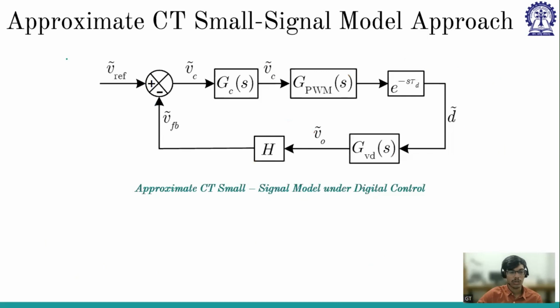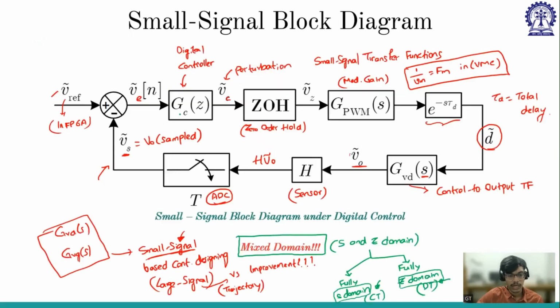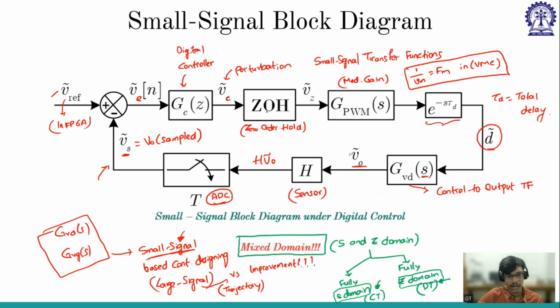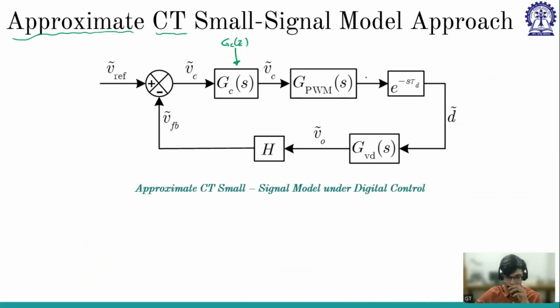So now this is the approximate continuous time model. How are we approximating? If you see here, GC of Z, we are converting into GC of S. So from Z domain, we are converting this to S domain. And the zero order hold, we are not considering the zero order hold transfer function, but instead we are considering delay. This tau d will have two terms. One is the sampling delay, and the other one is the DPWM delay, which is the on time.